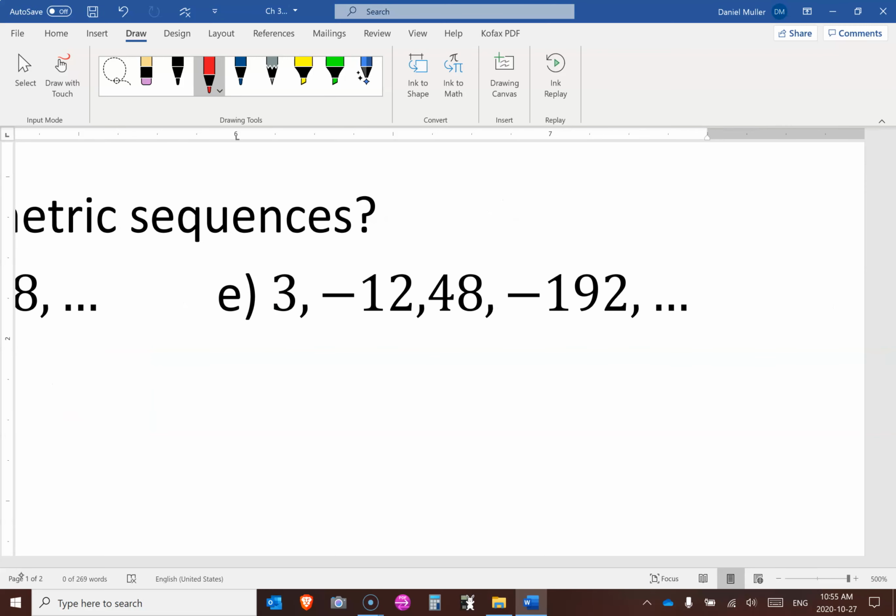Okay, how about this? Negative 12 divided by 3 would be negative 4. So I'm timesing here by negative 4 to go from there to there. How about from here to here? I'm also timesing by negative 4. Negative 12 times negative 4 is positive 48.